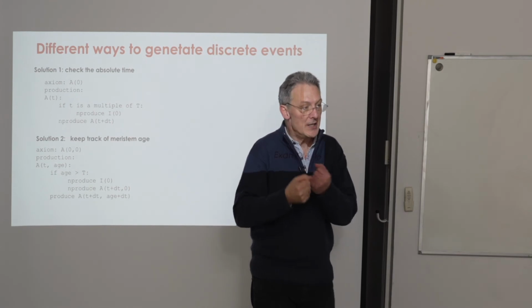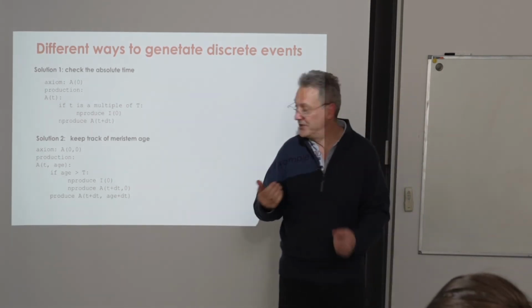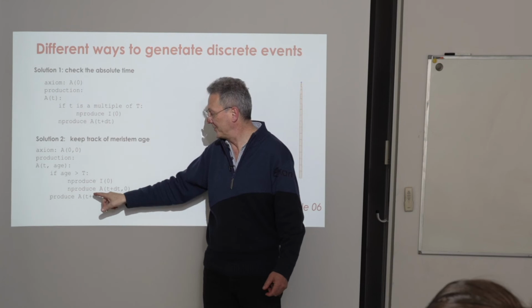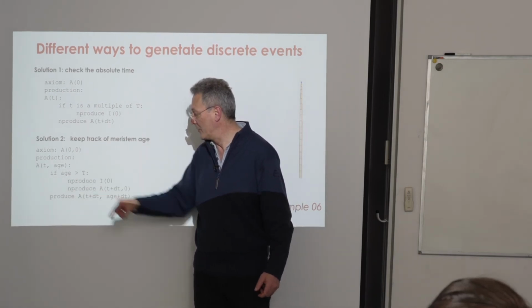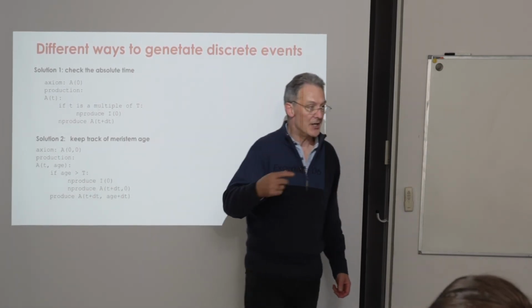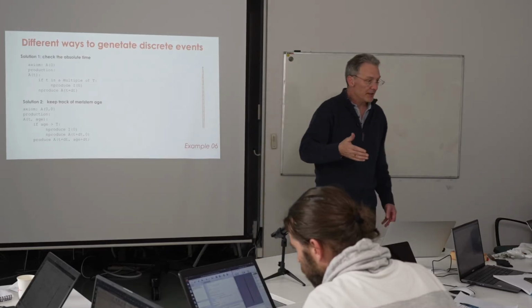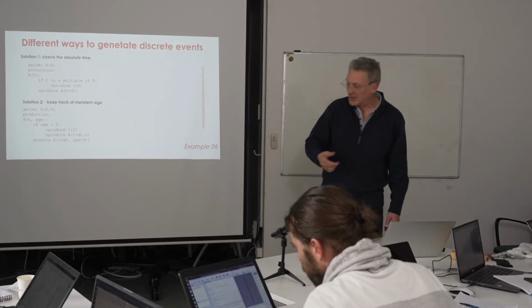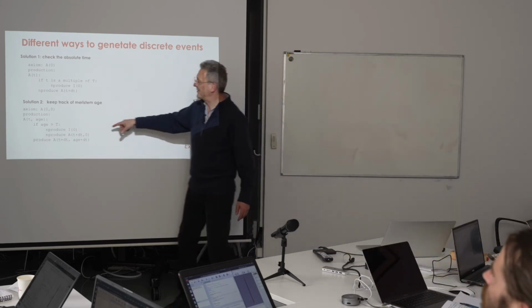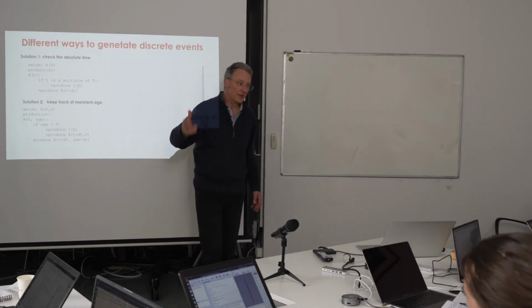And instead of checking whether time is a multiple of a period, I will augment my age, and as soon as the age has reached this periodic value, I will create my internode. It's a bit different test if you compare these two things. It's not done in the same way. It's done with the same precision.